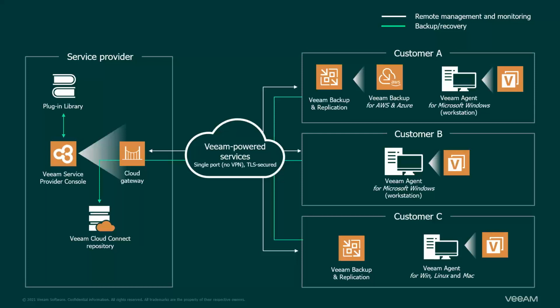So you don't need to build any virtual private network to these customers. We have cloud gateways who are connected to Veeam Service Provider Console and to Veeam Cloud Connect repository. And you can manage this installation, these types of customers from Veeam Service Provider Console. For sure, you will need the Cloud Connect server to provide the repository or maybe hosts for disaster recovery services.